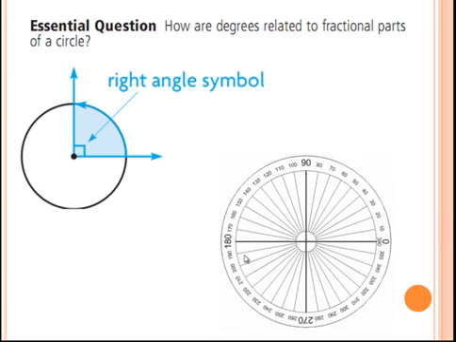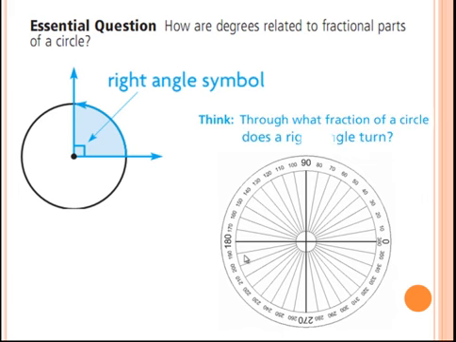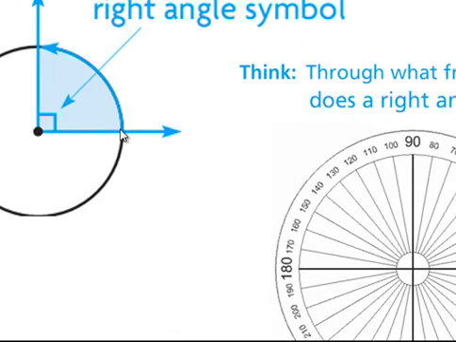Great. 1/4. Now, when I think about what fraction of a circle a right angle turns, there's a right angle turn from the beginning to the end here. The fraction is 1/4.